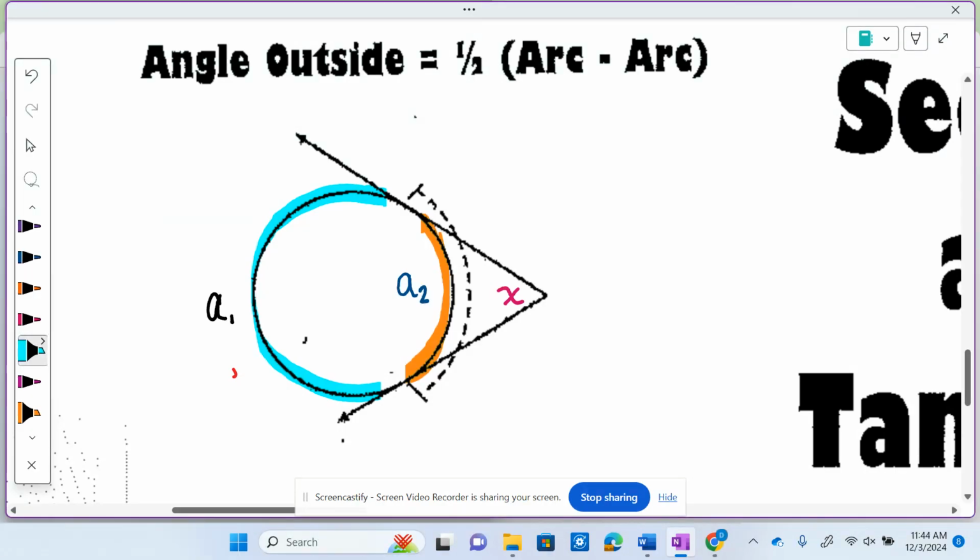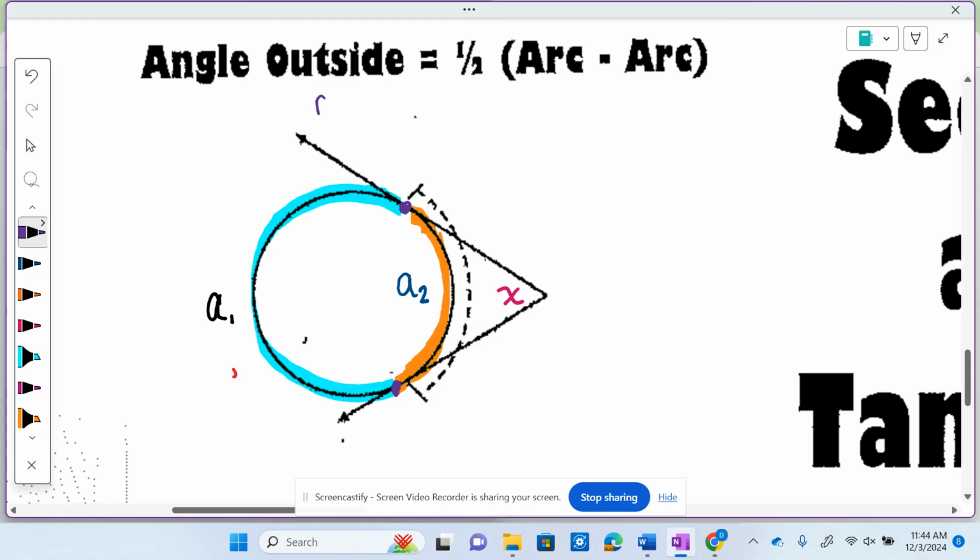Now, I know you don't see it, but these arcs actually kind of touch each other, right? Because if it's a point of tangency, if these are tangents, it's going to be all of the measures of the angles, right?